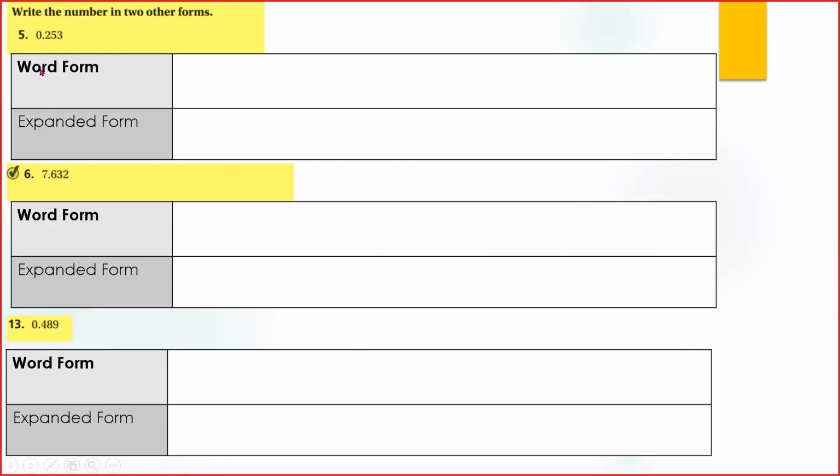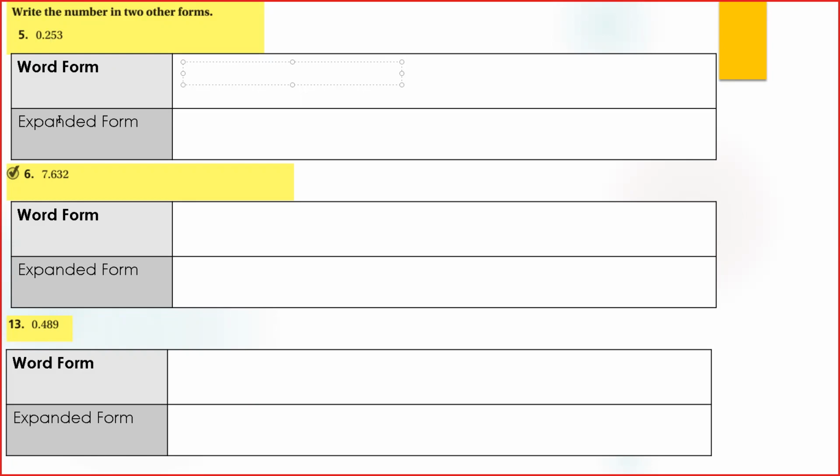Now, number 5. And the lines. I drew them for you, but you have to write on the lines. Okay, it's fine. Miss, they asked you to write them in 2 other forms. If I have the standard form, what are the other 2 forms? Word and expanded. You have lines.